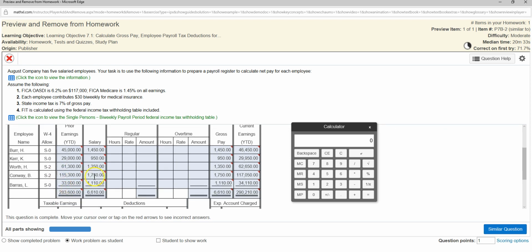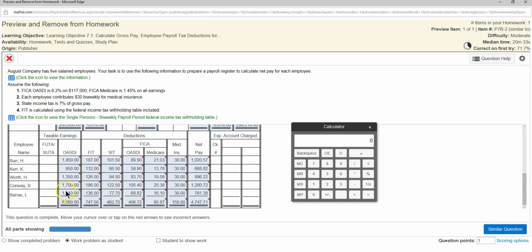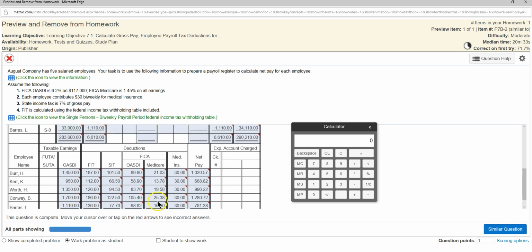Conway earned $1,750. All of it is subject to the Medicare tax of 1.45%. Don't get tricked into taxing only $1,700.